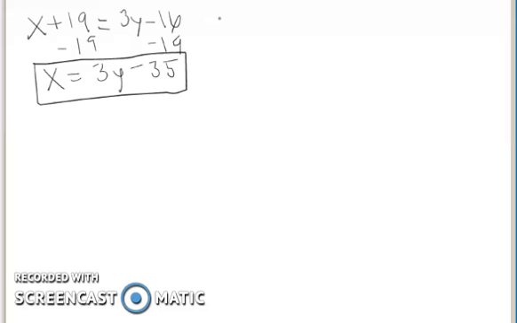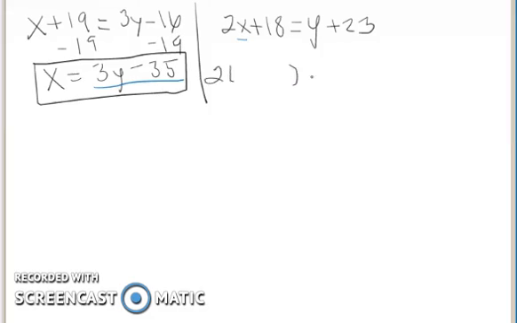So this is one of the equations I'm going to work with. The other equation I have is 2x plus 18 equals y plus 23. And what I'm going to do is say this here is going to go in for that right there. So we're going to get 2 times x, and in this case x is going to equal 3y minus 35.